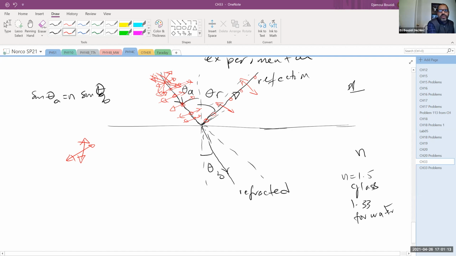Because if this one was transmitted, it's going to be here, and this one is going to be here. So it's the opposite. Actually, usually it's random. Usually it's both of them. We don't care about this one much, honestly. We care only about the reflected, because the reflected will be mainly polarized.